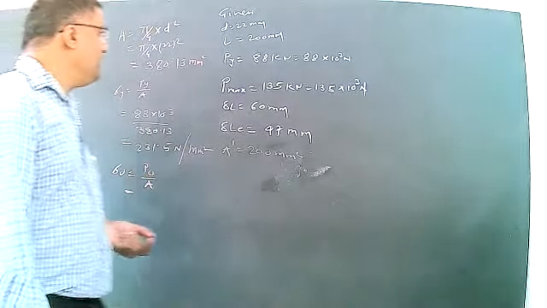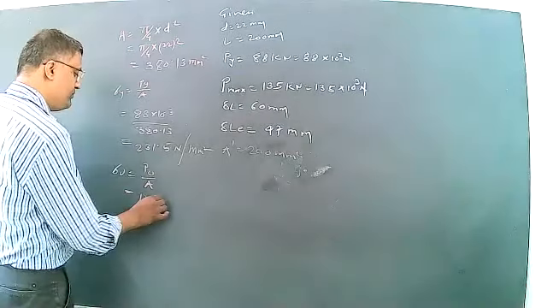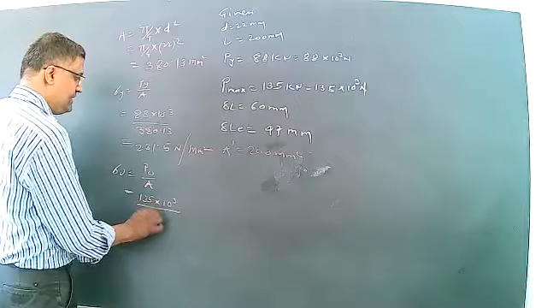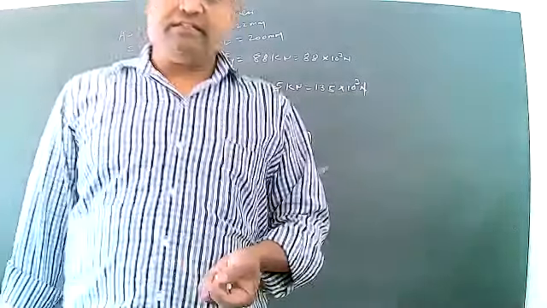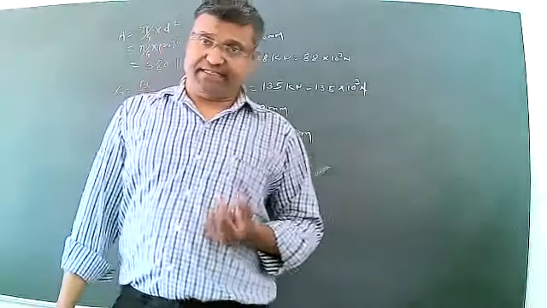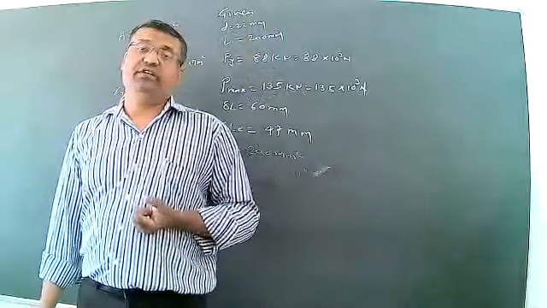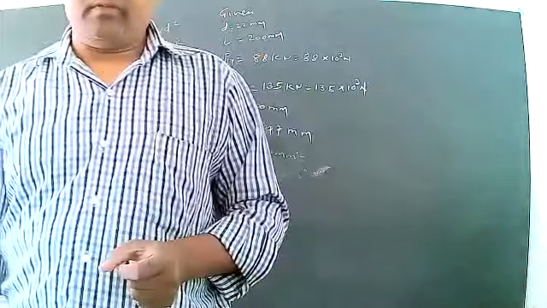That value is already provided. Pu is 135 into 10 raised to 3 divided by 380.13. Ultimate tensile stress is also called maximum stress, because at that point the stress will be maximum.